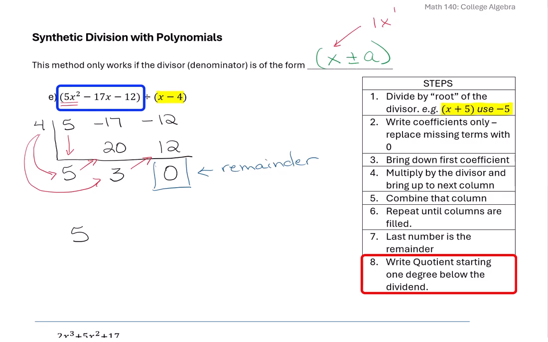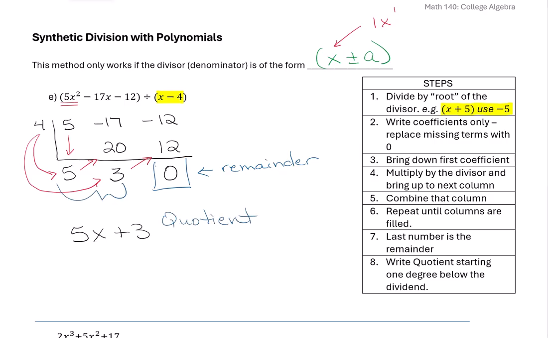So that means this 5 belongs to a linear polynomial, 5x and a positive 3. This is our quotient from here. So this means x minus 4 and 5x plus 3 are both factors of the polynomial 5x squared minus 17x minus 12.